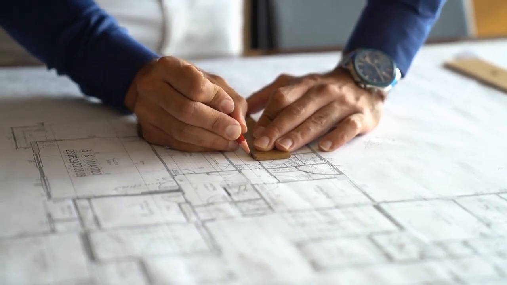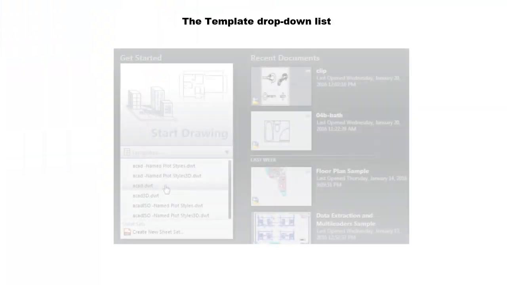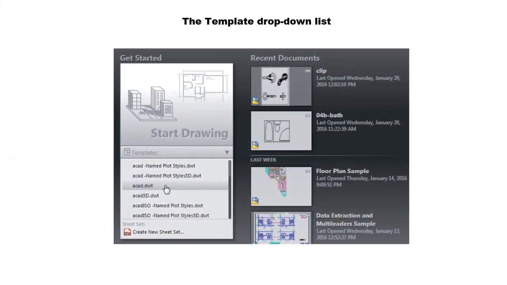So let's start. First, click the Templates drop-down arrowhead in the dashboard and select ACAD.DWT. Metric users should use the ACAD ISO.DWT template.